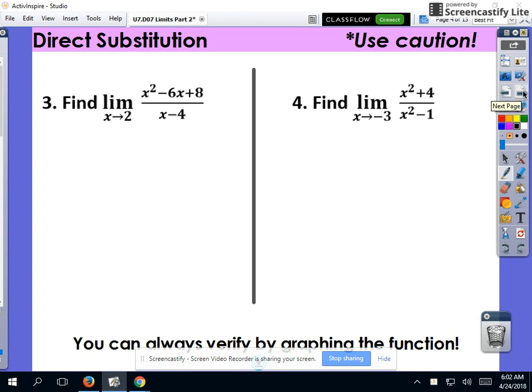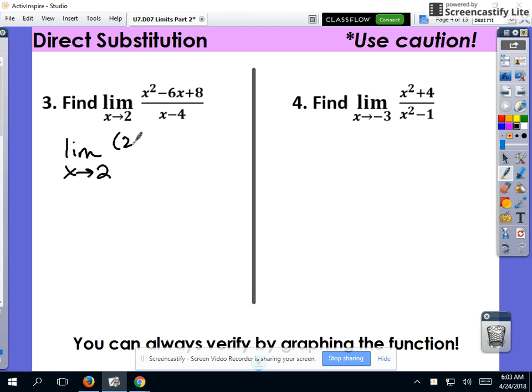Okay, so for number 3, everybody take a look. It says find the limit as x approaches 2 for this. So we always need to check and see if we can just plug that value in. Right? That should be the first thing we think through, which is called direct substitution. So x approaches 2.